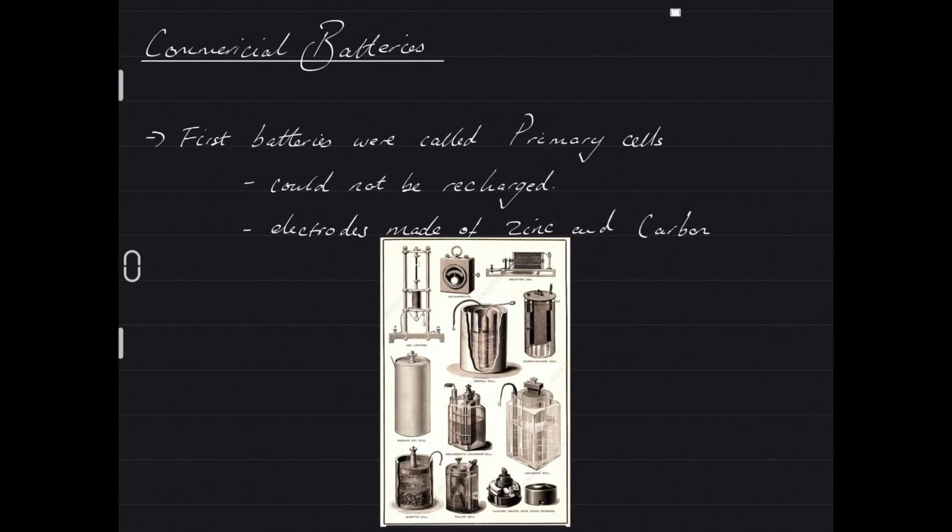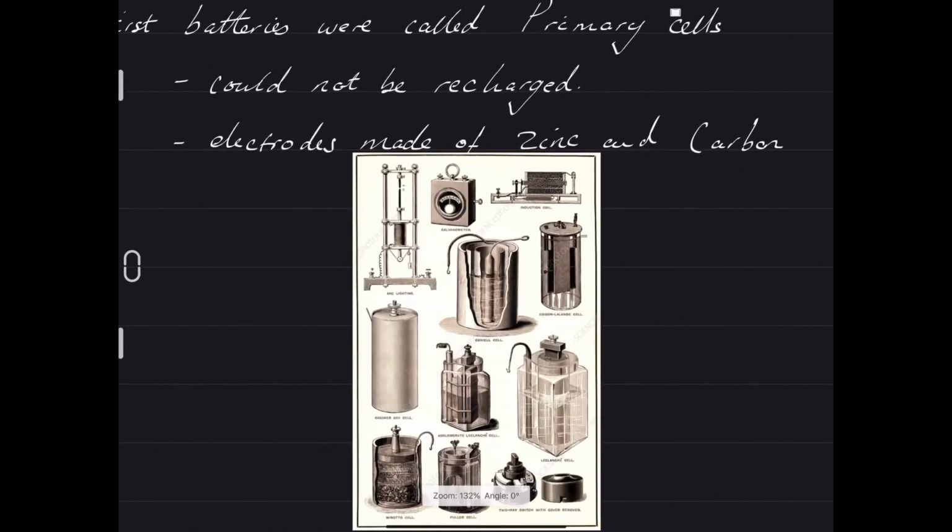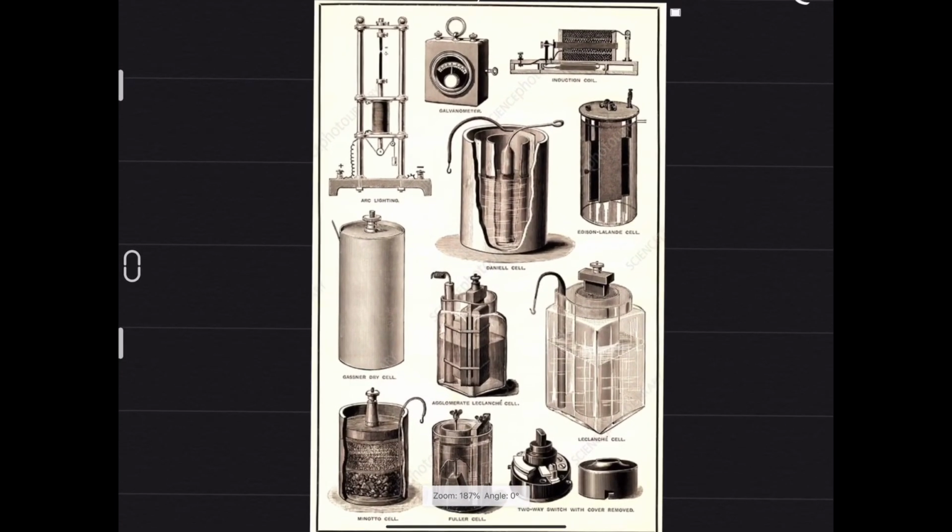Well, it was made use of, and in the initial batteries, which were called primary cells, the electrodes were made of zinc and carbon. You can see in this diagram how some of these early cells, primary cells, were constructed. If you just want to take a look at some of these early primary cells, you can see how they were constructed and how they would have been used.